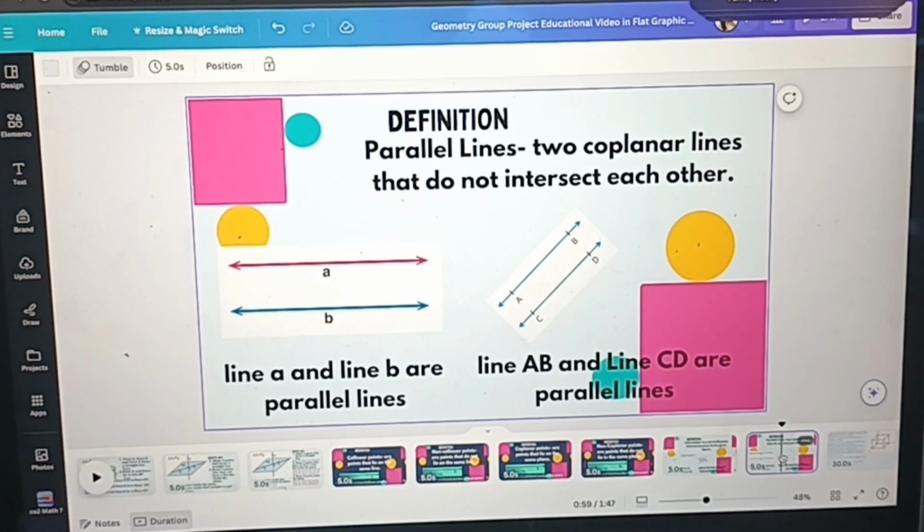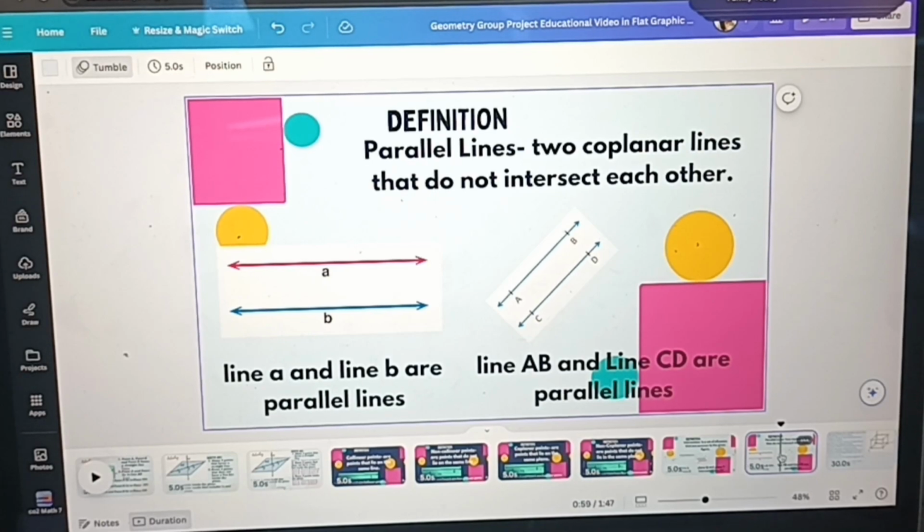Just because wala kayong common points. And that is what we call the parallel lines. Two coplanar lines that do not intersect each other. They don't have any common points. Okay, like an example, your line A and your line B are parallel lines. Together with your line AB and your line CD is also a parallel lines.